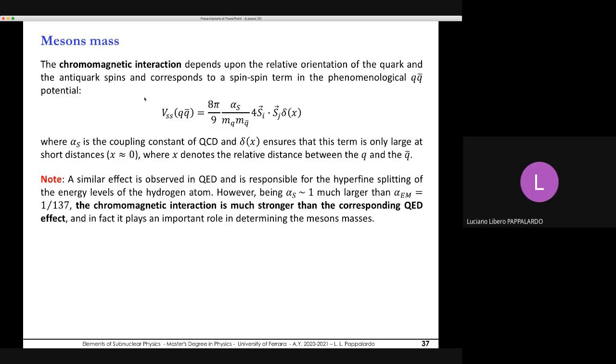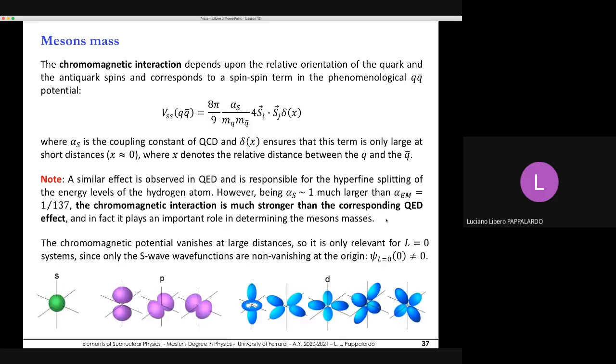However, there is a big difference, because the alpha strong coupling constant is much, much larger than the electromagnetic one. So this is order 1, and the electromagnetic is order 1 divided by 137. And so the chromomagnetic interaction is much stronger in QCD than in QED. In fact, it is responsible for the different masses that we observe here, whereas the effect in QED is only visible in terms of hyperfine splitting in the atomic energy levels.